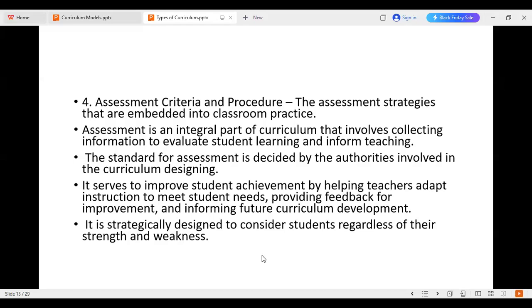You are the main stakeholders in the schools in the process, rather than your principal. The principal has a lot of other administrative work: finance management, community school relationship, work with senior management.